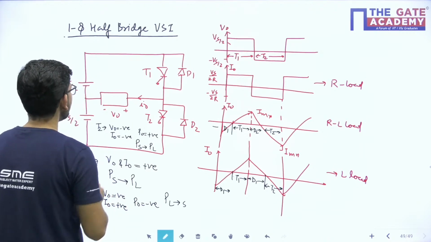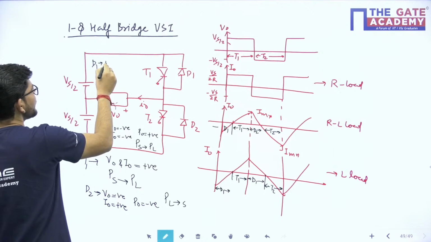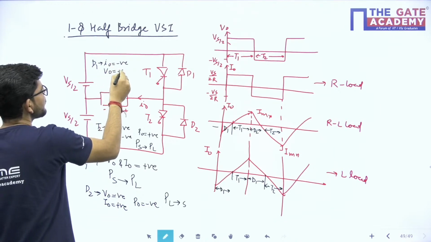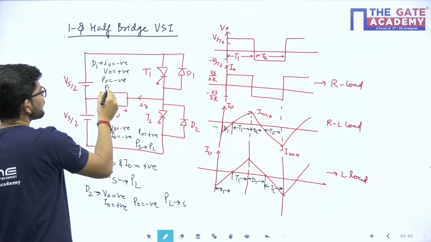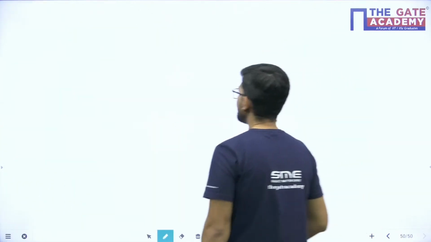And similarly, during D1 conduction, I0 is negative, V0 is positive, so power is negative and power flows from load towards source, okay. So this is what you have to remember.